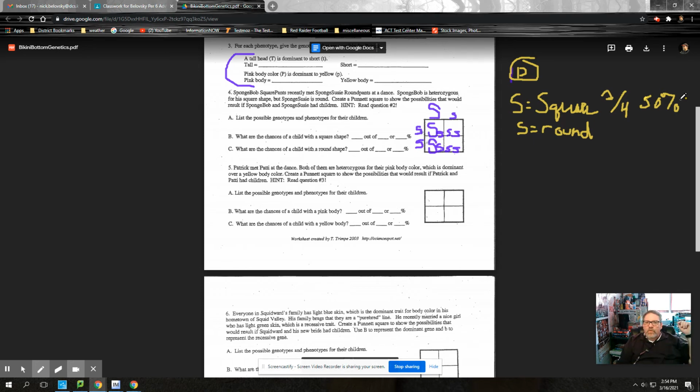Okay. Round 1, 2, because these are the recessive traits. So round is 2 over 4, 50%.